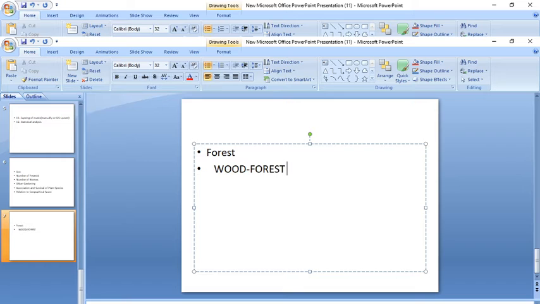For wood forest we are taking the symbol W, and second is flowering tree. Flowering tree, T for tree. Then grassland, and G for grassland. Here the G symbol we are selecting.